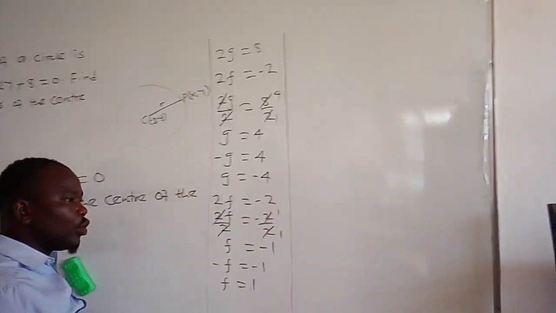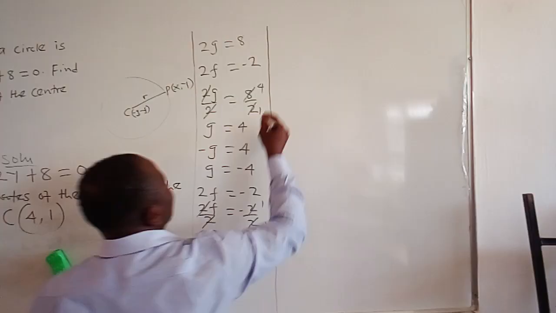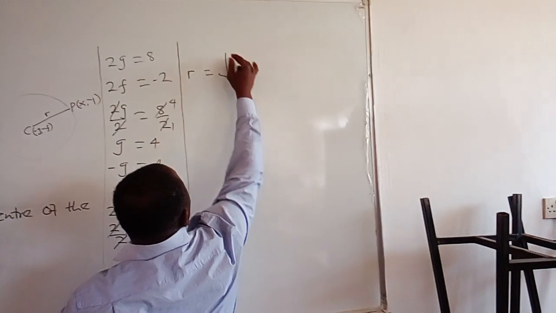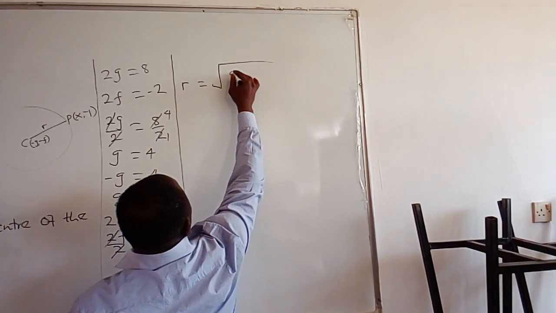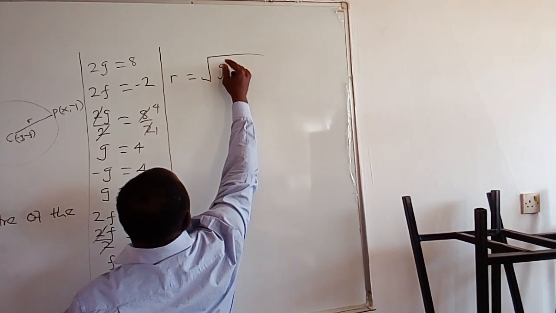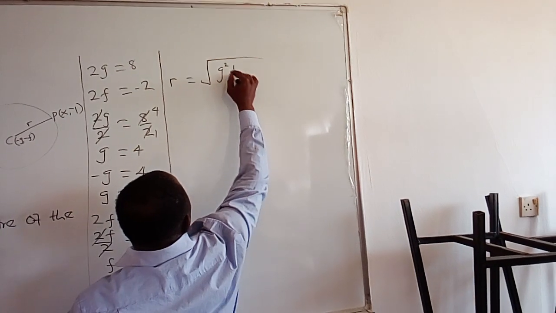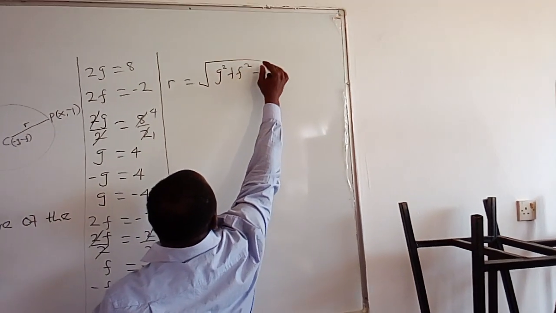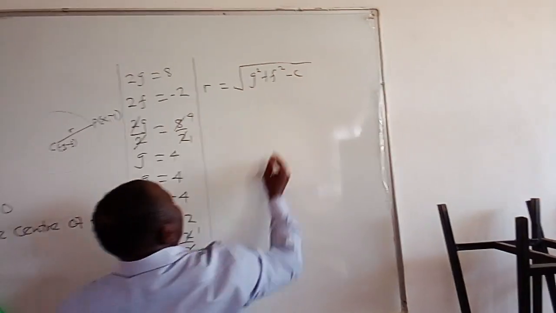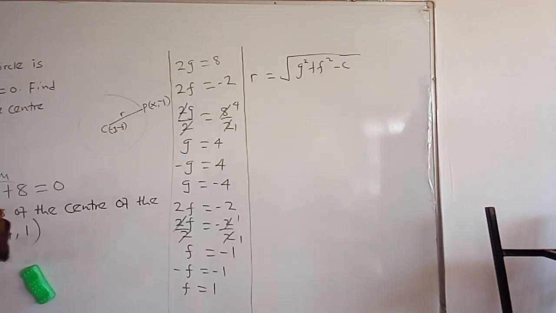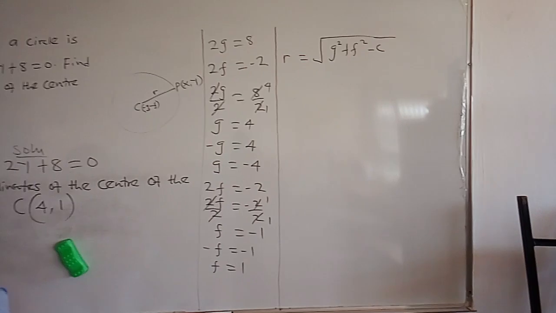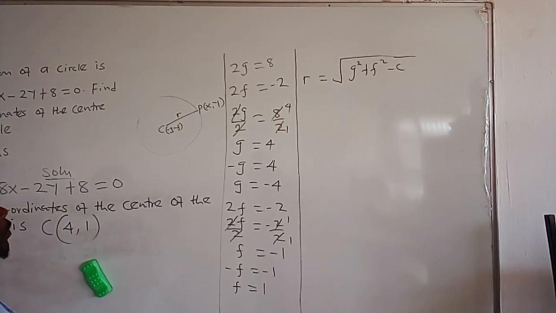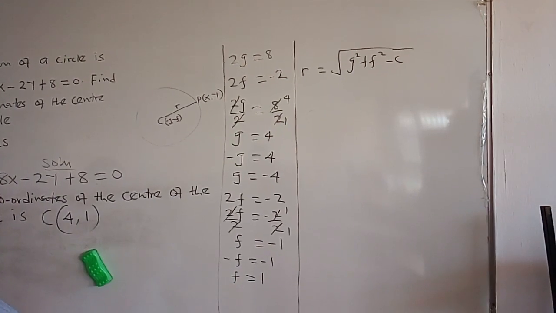What you need to do, you know that the radius is given as the square root of g square plus f square minus c. Are you following?